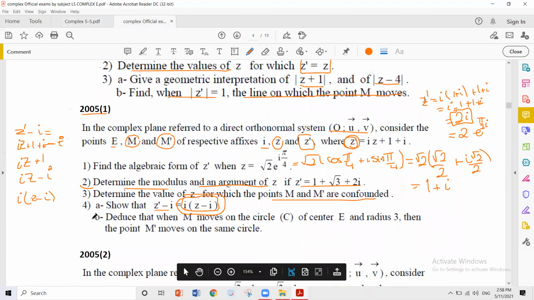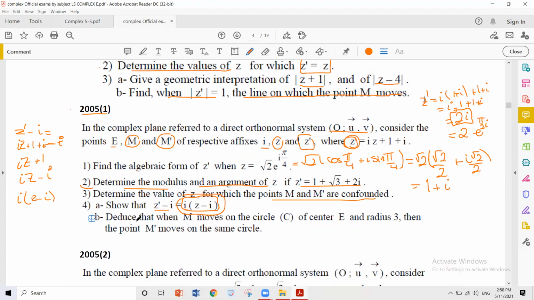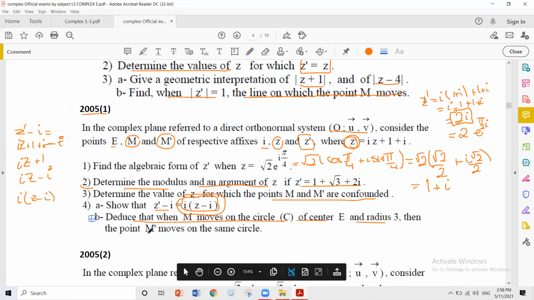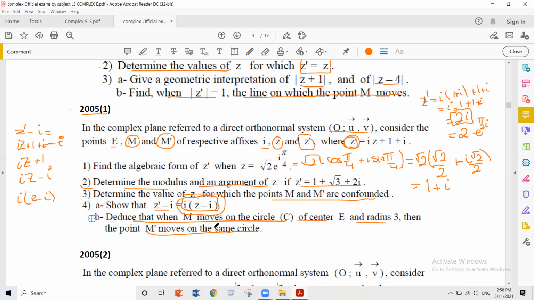Deduce that when M moves on a circle C of center E and radius 2, then the point M prime moves on the same circle. How to prove this?